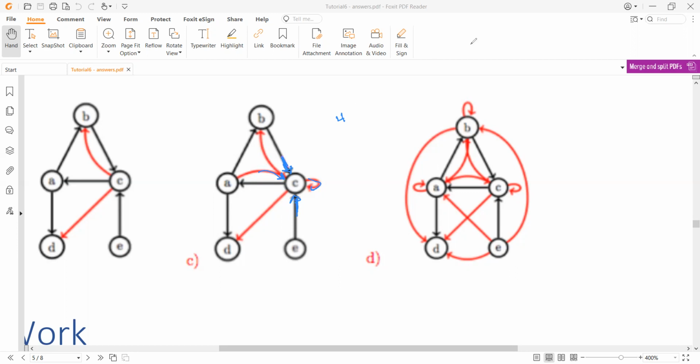And how many outgoing arrows? Let me do it in green. Here is 1, here is 2, here is 3, and the outgoing of this one is 4. 4 times 4. So I'm looking for a potential of 16. This is the maximum I can do, guys, okay?